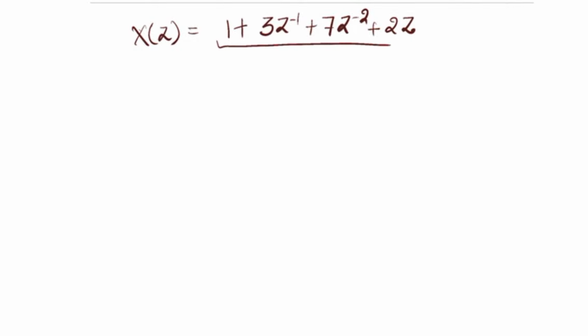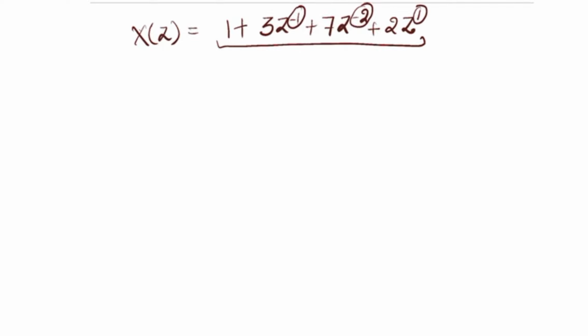Suppose X(z) = 1 + 3z⁻¹ + 7z⁻² + 2z is given, and you are asked whether this signal is causal, anti-causal or non-causal. Now we can see we have negative powers of z as well as a positive power of z.